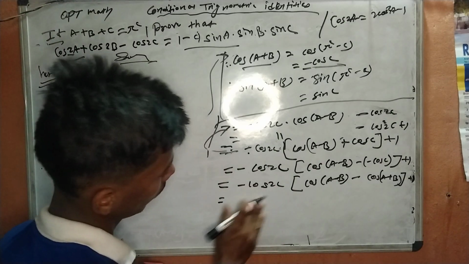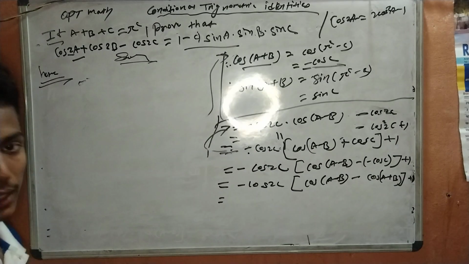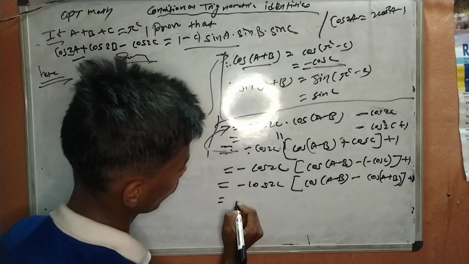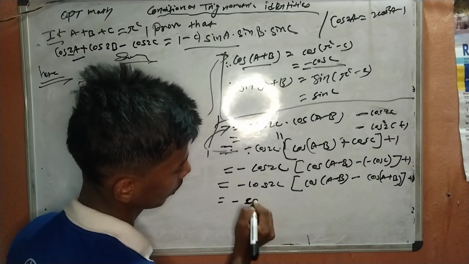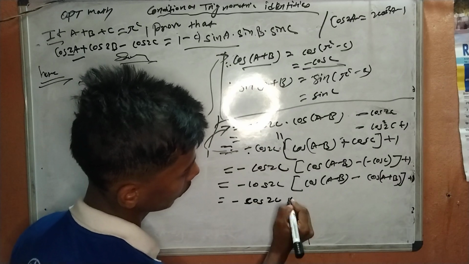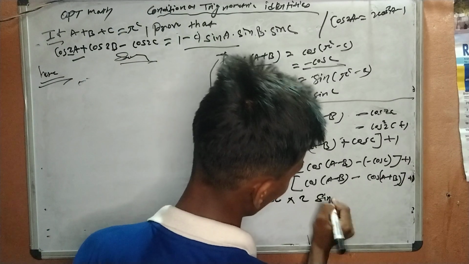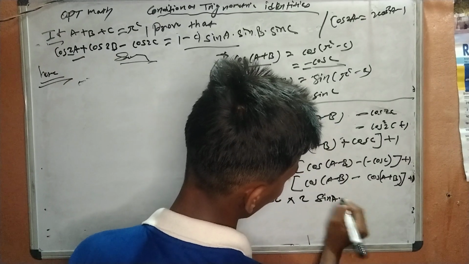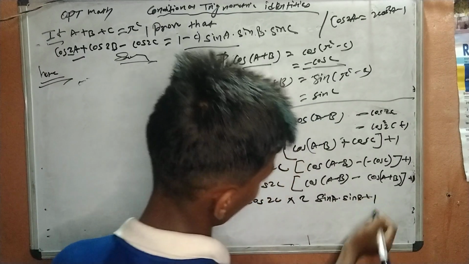Here, this is the formula of 2 sin A into sin B. Here, I am going to just write cos 2C into 2 sin A into sin B plus 1.